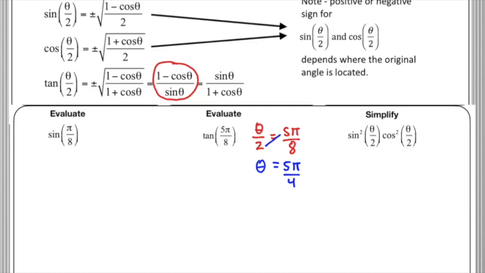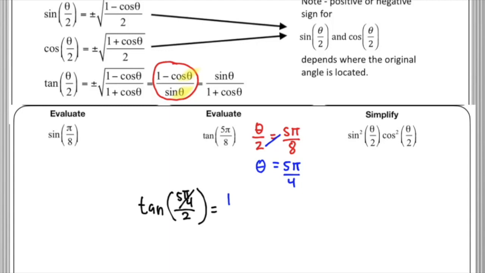Okay, so we're going to rewrite this, and I'm going to plug 5 pi over 4 in for theta and rewrite it in our clever way, like so. And so we know that all of these, this angle right here and this angle right there, are going to turn into 5 pi over 4s, and then I just need to tackle them. Okay, so here we go.